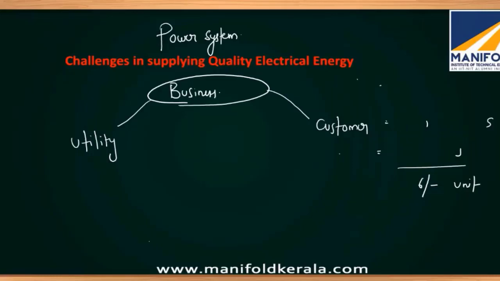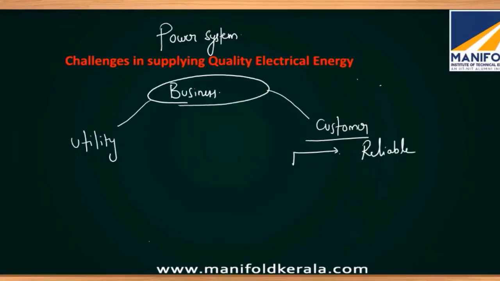Not only quality, we require some other features from our supplier. What are the demands of the customer? He requires reliable electrical energy. The second feature is he requires quality electrical energy.